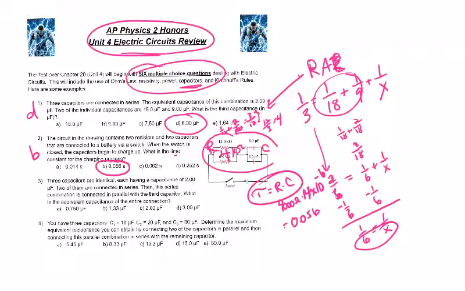Number 3, we've got 3 capacitors. They're identical, each having a capacitance of 2 microfarads. 2 of them are connected in series. Then the series is connected in parallel with a third. What is the equivalent capacitance?